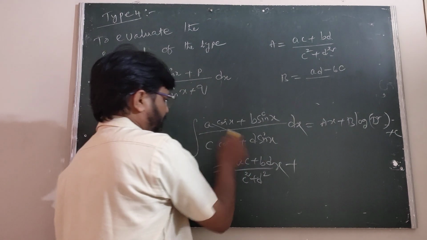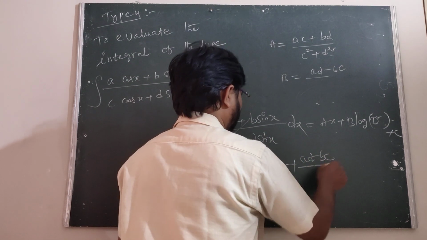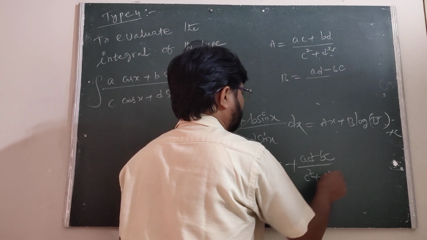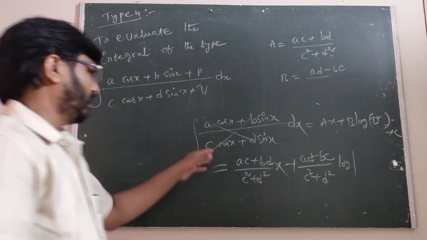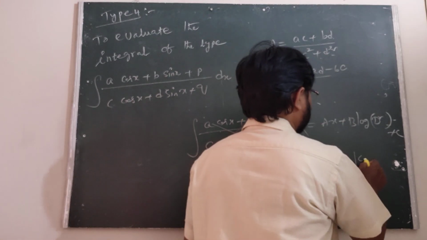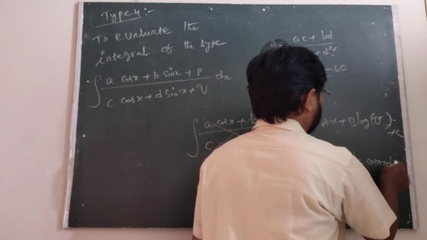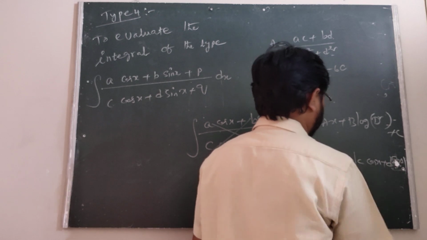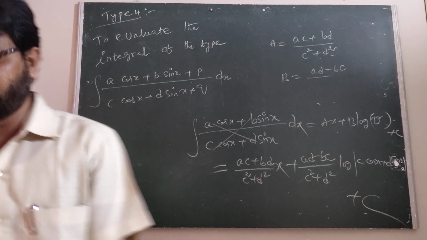The capital B is ad minus bc upon c square plus d square, into log mod of the denominator. The log mod of the denominator is c cos x plus d sin x, plus c is the required answer.